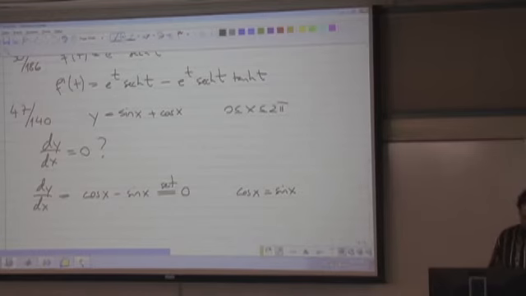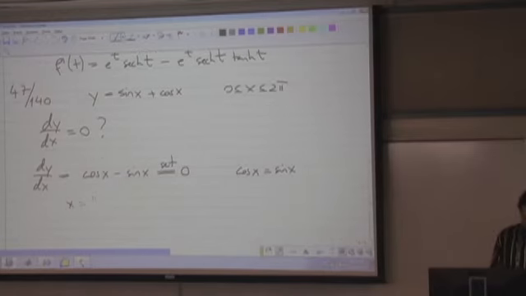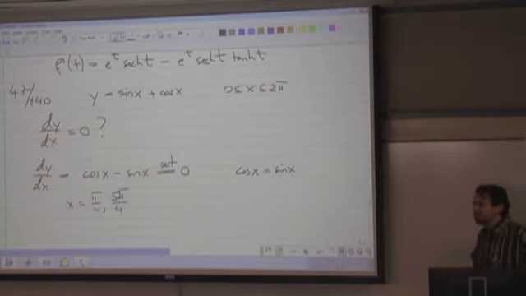And so x equals pi over 4 and 5 pi over 4. Is that making sense? The restriction that x is between 0 and 2 pi ensures that we don't have to actually list them all with the plus 2k pi that you all love so much.